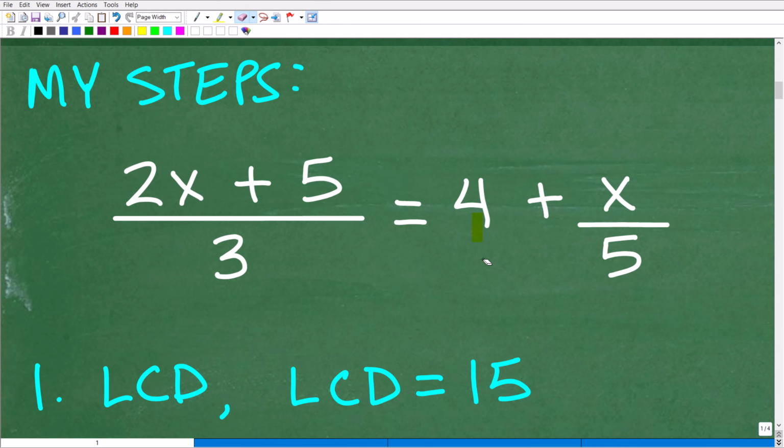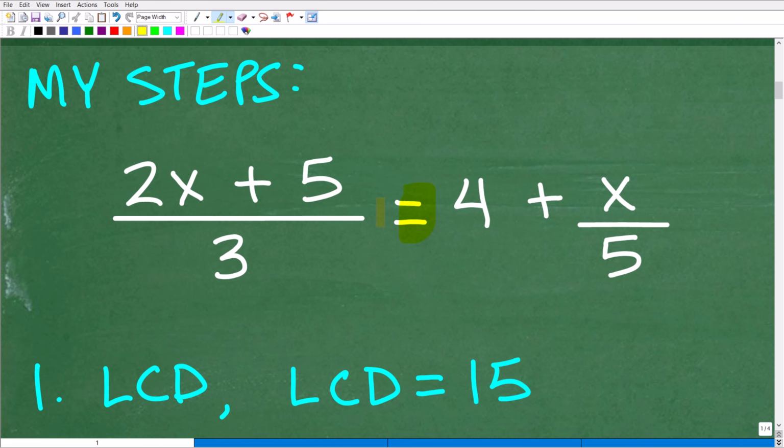However, I'm going to suggest that when you see rational expressions or equations, you want to be thinking in terms of clearing all the fractions first, just so you can get rid of the fractions and proceed from there. So how do you clear the fractions?